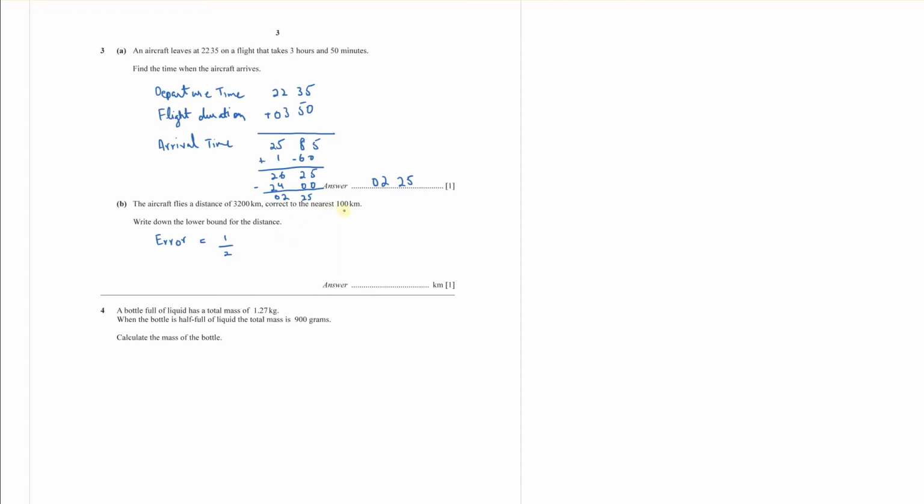Your degree of accuracy is to the nearest 100 kilometers, so you take the half and your error is 50. So your lower bound would be 3,200 minus 50, which is 3,150. So 3,150 would be your answer.